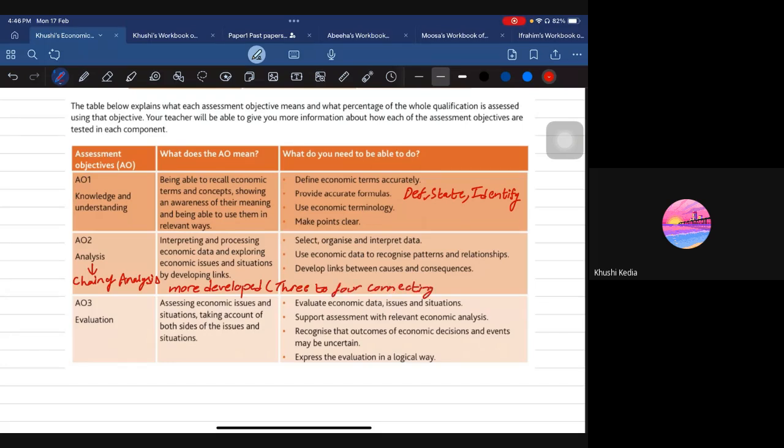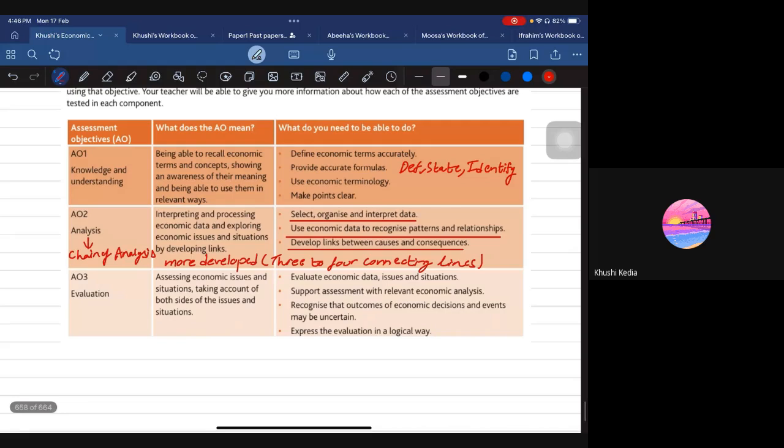Very important. Select, organize, and interpret the data. Use economic data to recognize patterns and relationships and develop links between causes and consequences, right?